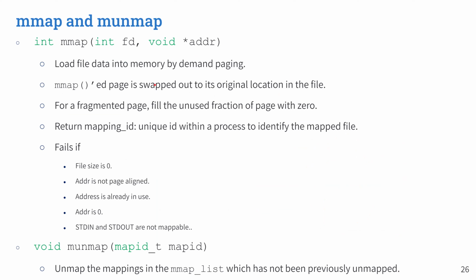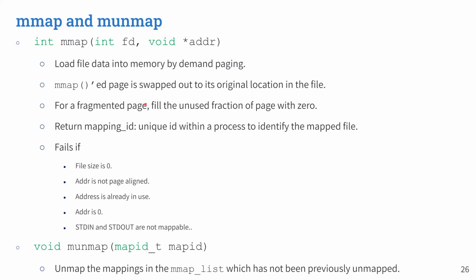And this is the detailed explanation about the mmap function. The mmap function loads file data into memory by demand paging, and an mmap page is swapped out to its original location in the file. If the mmap page is selected as a victim page, you should not write it to the swap space, but to the original location in the file.